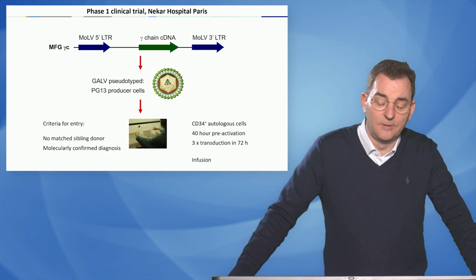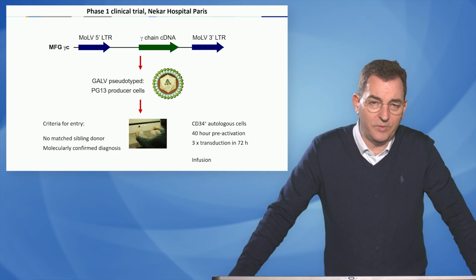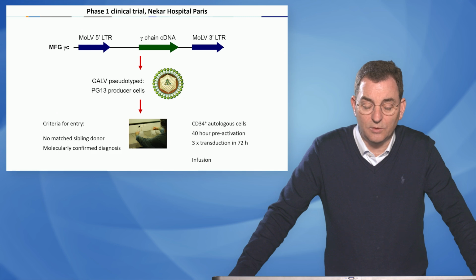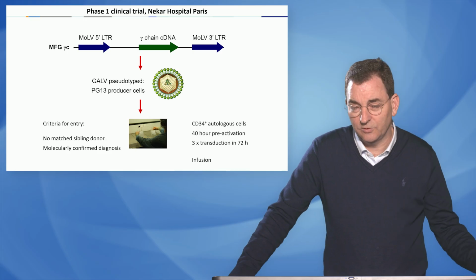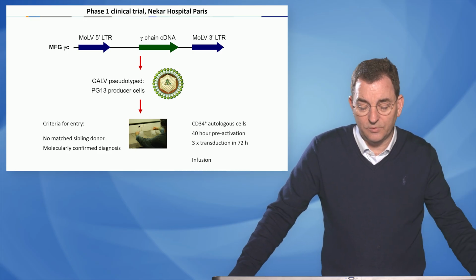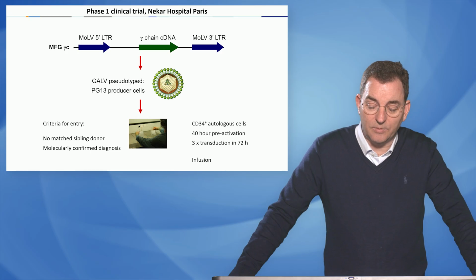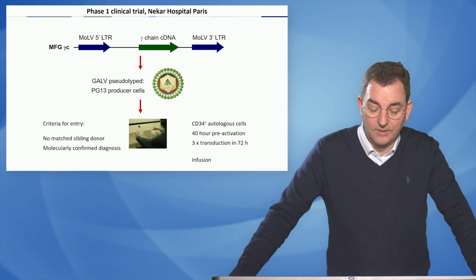So how did they do the treatment? They used a very simple gamma retroviral vector derived from the Moloney leukemia virus, having both full LTRs. Just to remind you, with the U3, R, U5 regions, and only the gamma chain complementary DNA as the coding sequence.